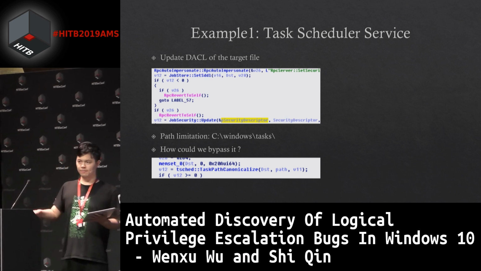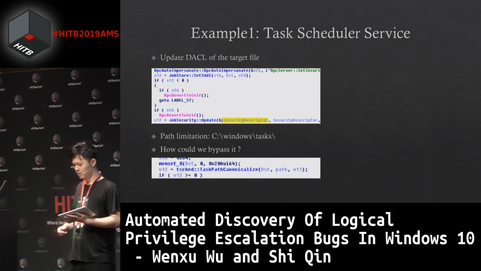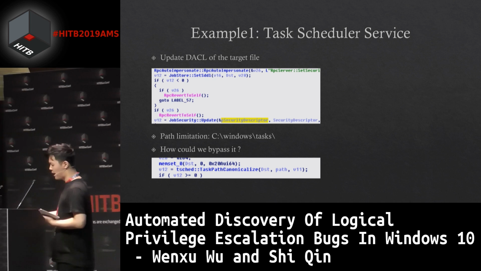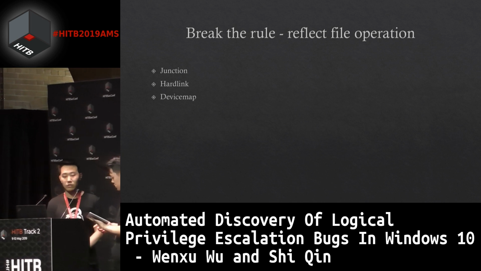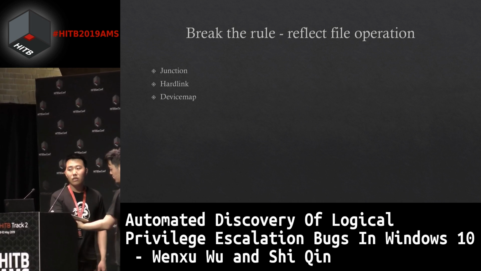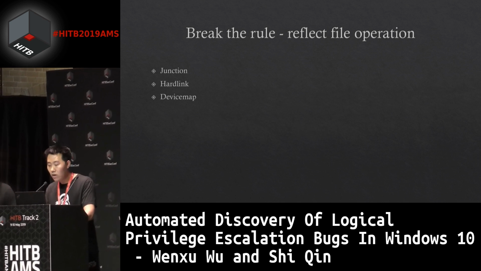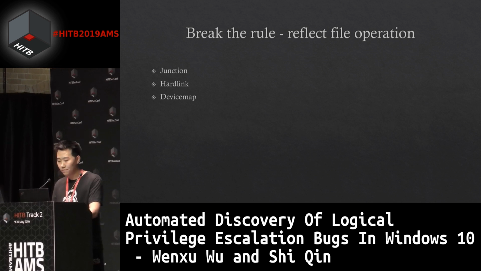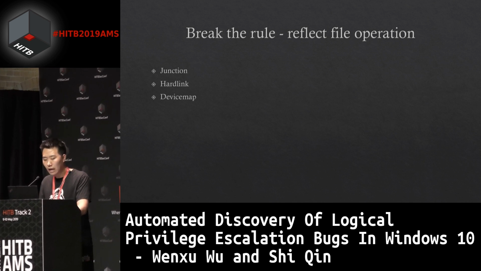But today we are talking about the technology behind them. So my partner, Shiqing, could you please share the details behind them? Yes. There are three ways to do this: junction, hard link, and device map.